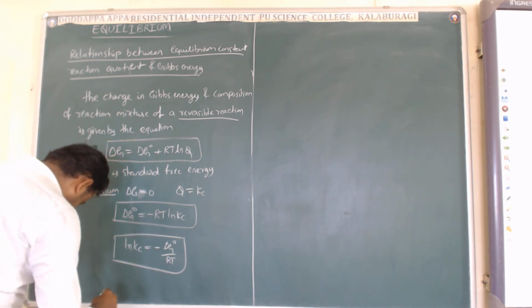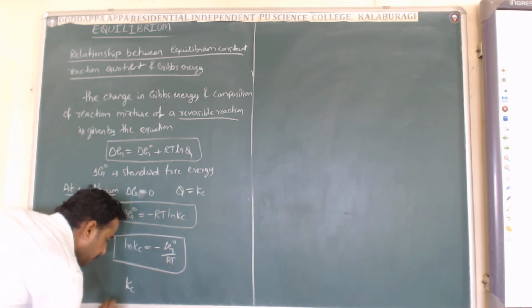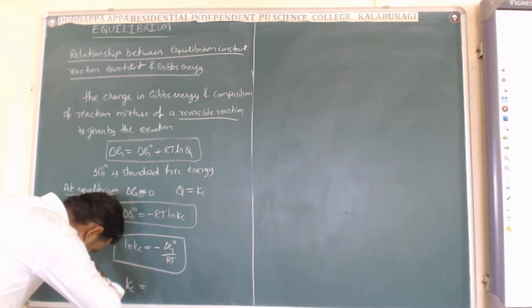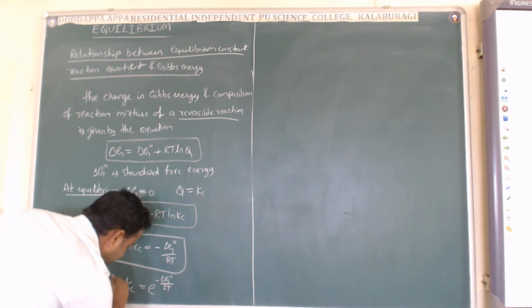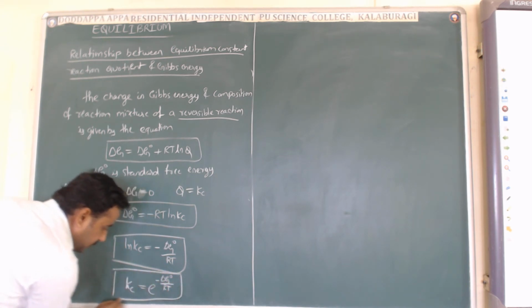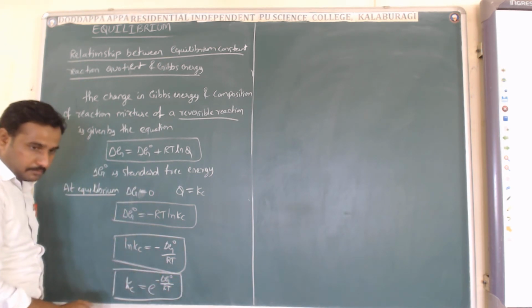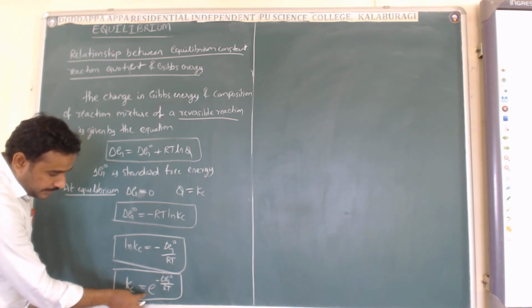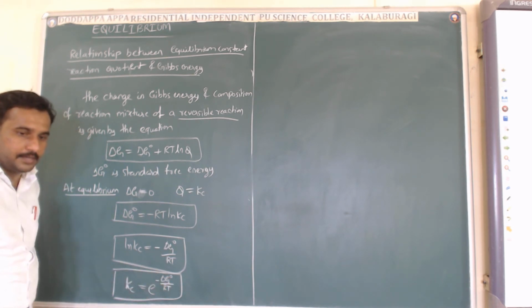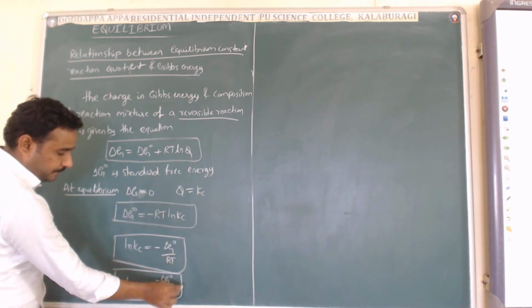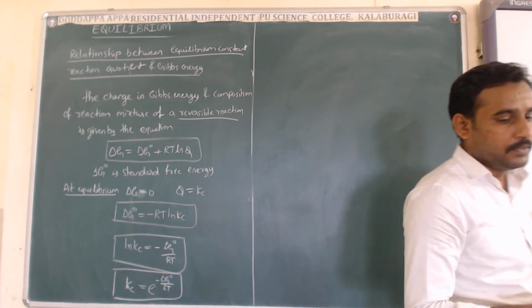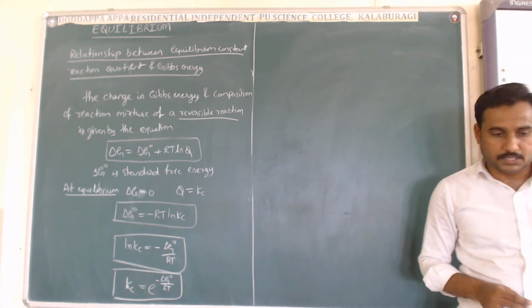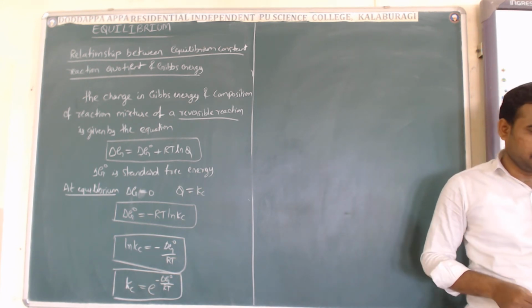Taking the natural logarithm on both sides, Kc is equal to e raised to minus delta G naught by RT. These are very important equations for calculations with Gibbs energy. Sometimes they ask for the equilibrium constant, and then these terms are very useful.